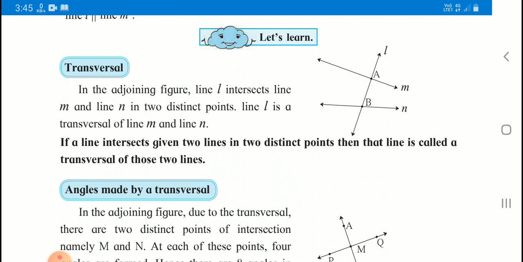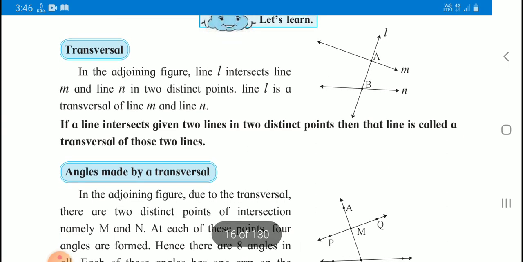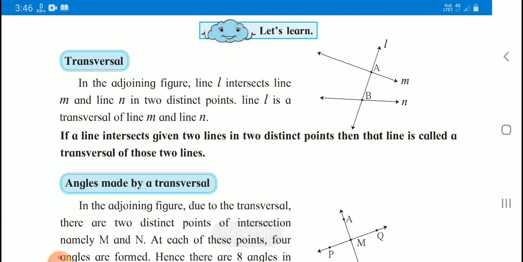Line L is a transversal of line M and line N, and whatever line segment you get, that is known as the intercept.